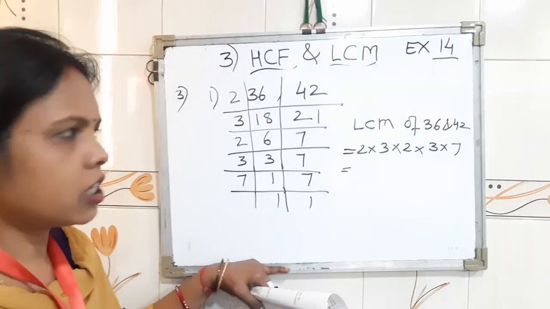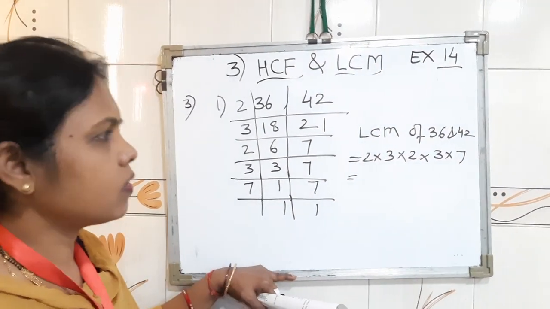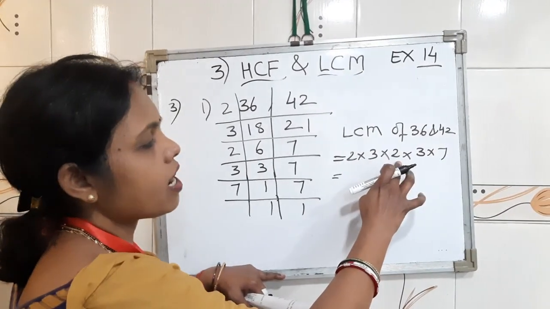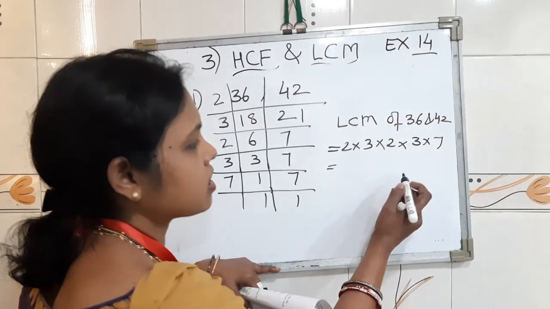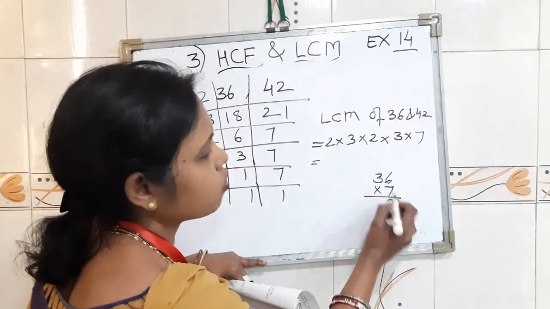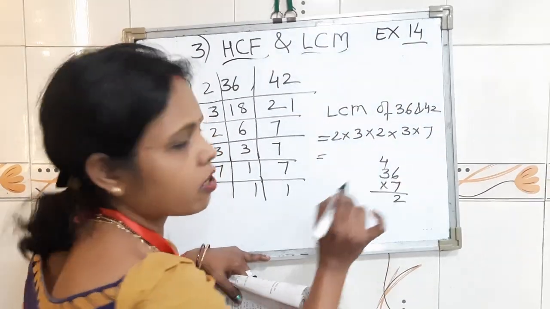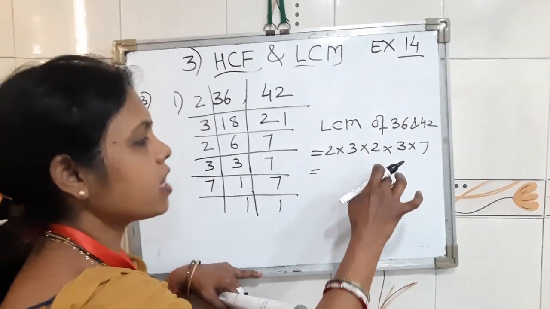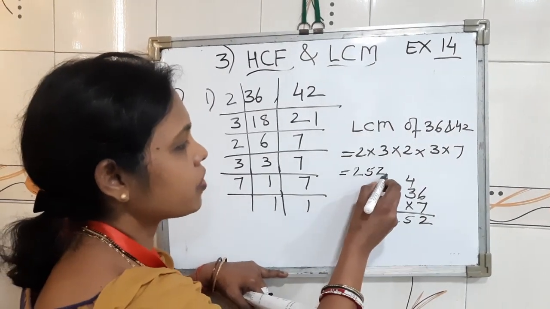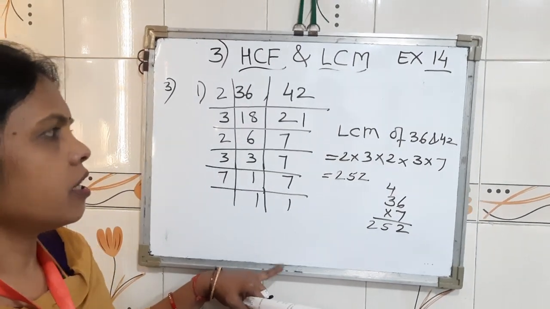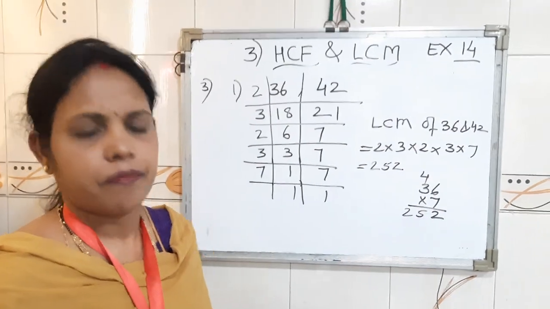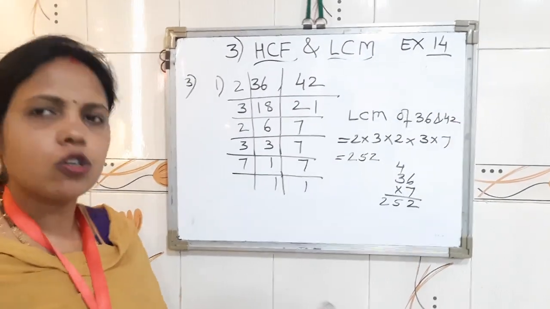Multiplication of all this you will get, that product will be the LCM. 2 threes are 6, 6 twos are 12, 12 threes are 36, 36 into 7, 7 sixes are 42, 7 threes are 21, 21 and 4, 25. Your LCM is 252. Children, I hope you all understood the given sum. Now, our next question we will solve.